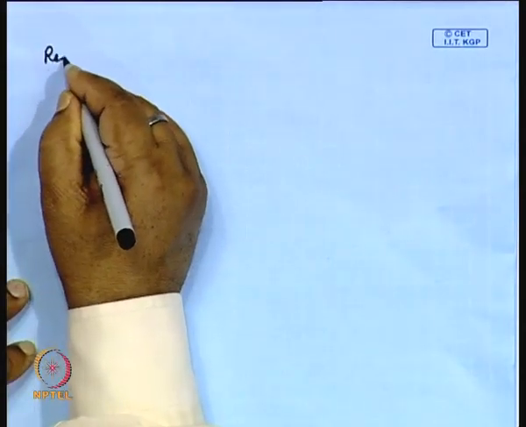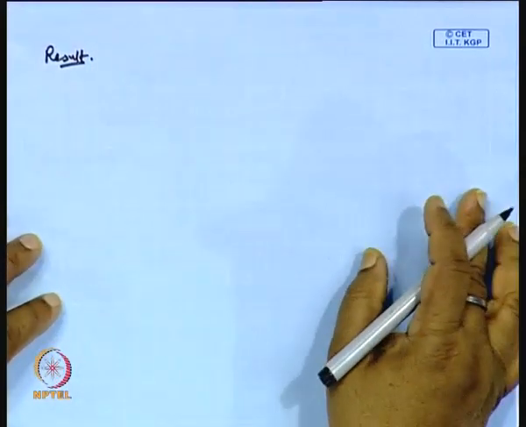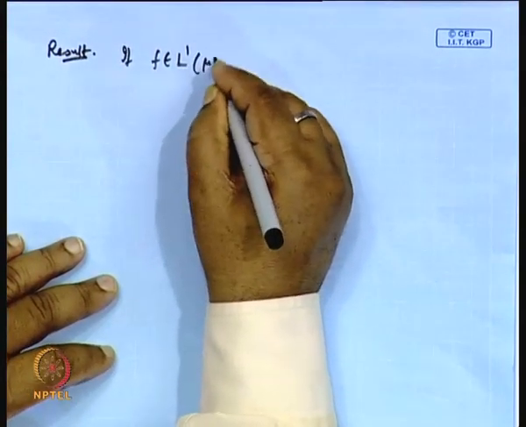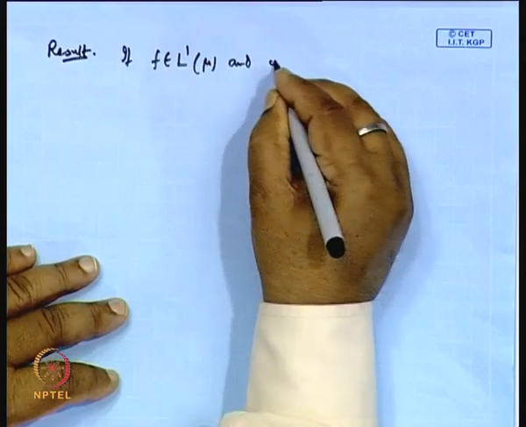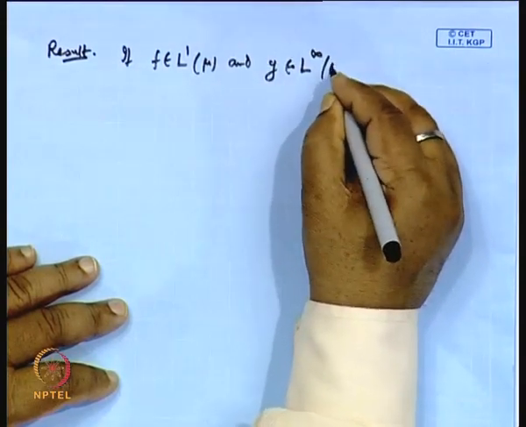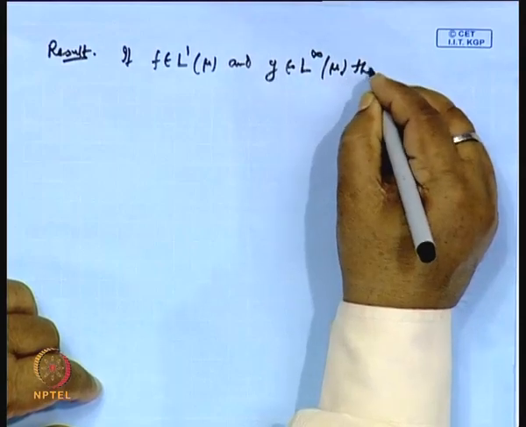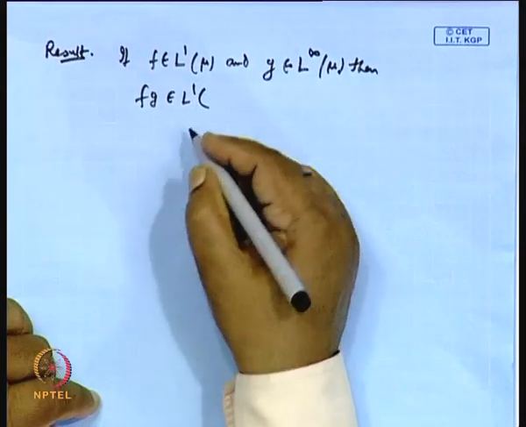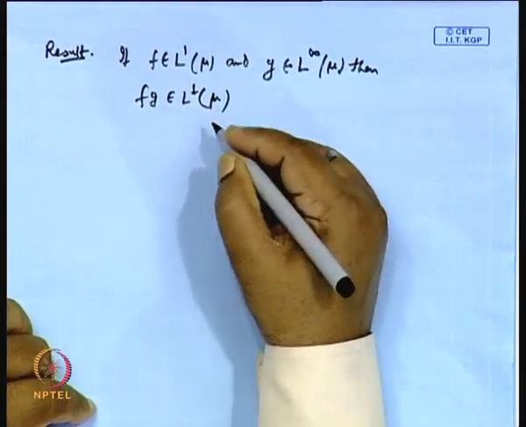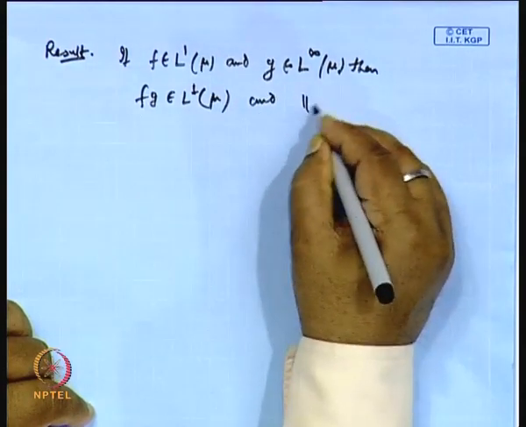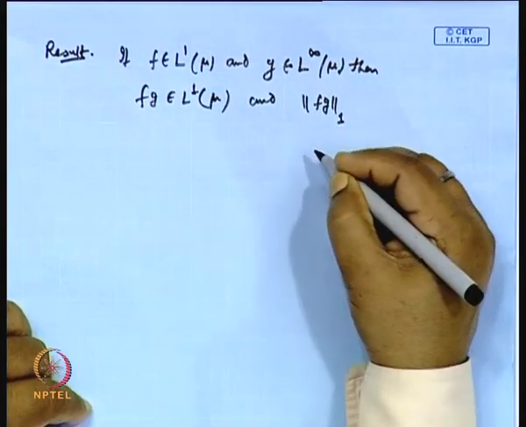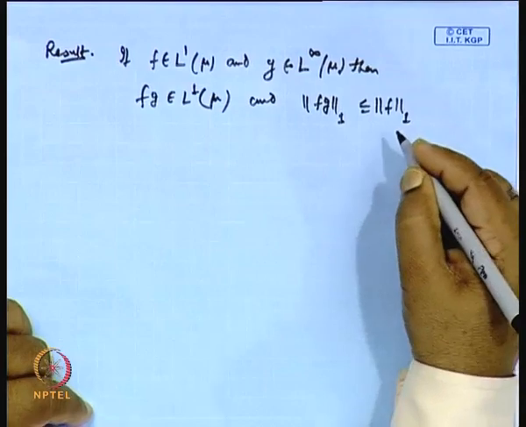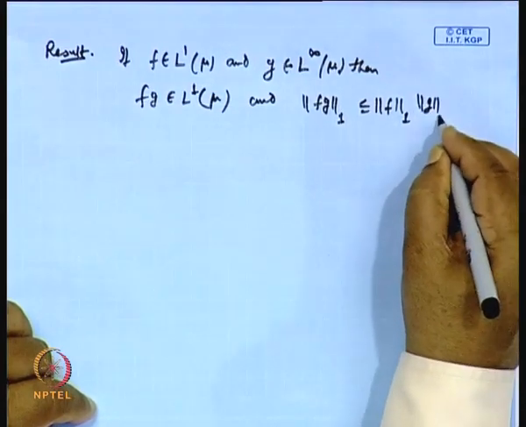The result is, if f belongs to L^1(mu) and g belongs to L^infinity(mu), then f g belongs to L^1(mu), and the norm of f g under the L^1 norm is less than or equal to the norm of f under the L^1 norm into the norm of g under the L^infinity norm.